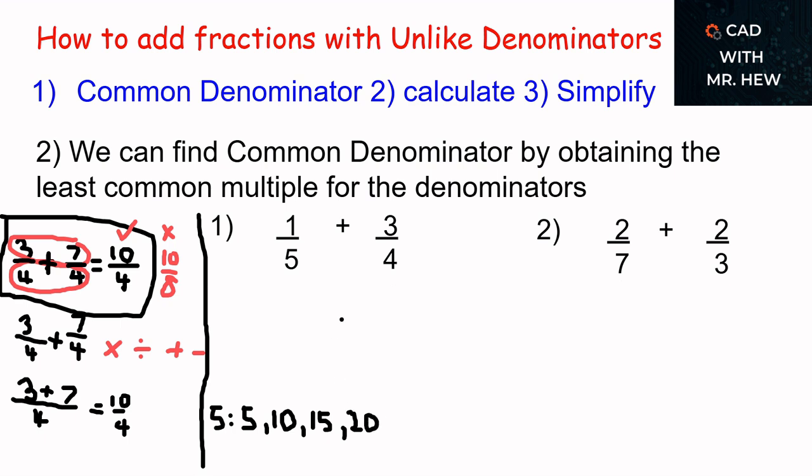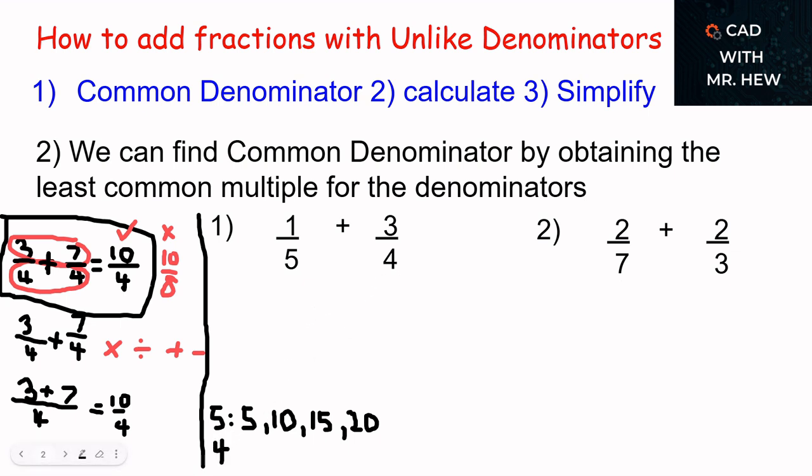Now, there are two ways to work it, but I'm showing you the way I'm using the least common multiple for denominators, okay? So there's another way you could multiply 5 by 4, but I'm showing you the least common multiple method. All right, so we have a 4 here, so I'm going to write multiples of 4 now.